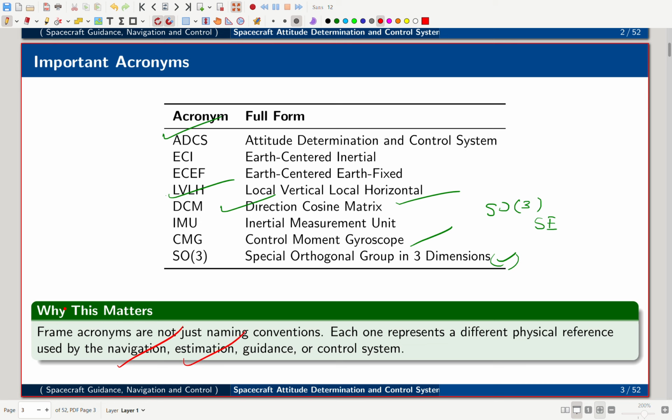There are various frames involved in the GNC implementation, so we need to understand them thoroughly so that the distinction can be established for navigation or estimation, guidance and control.